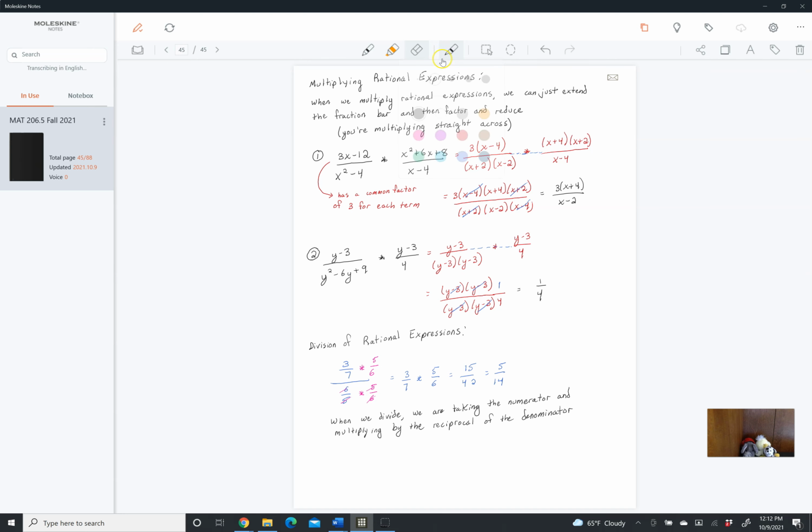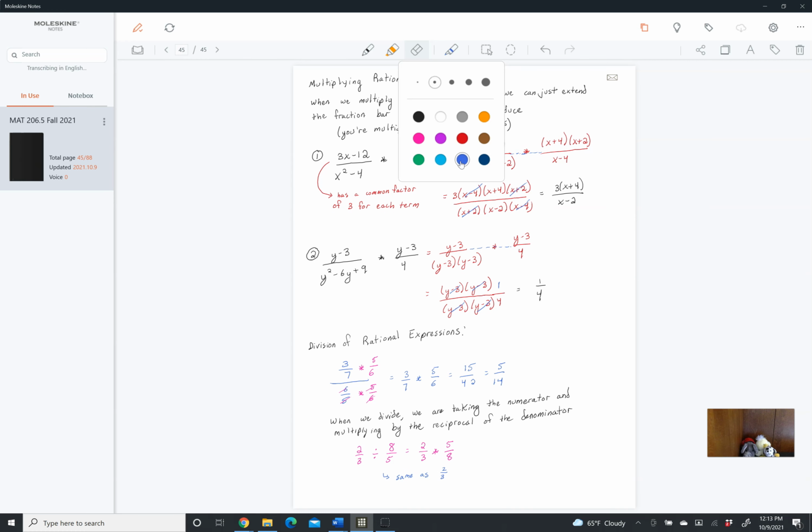So if we have 2 over 3 divided by 8 over 5, this is the same thing as 2 over 3 times 5 over 8. So keep in mind that this division is the same thing as the fraction bar. Okay, this is what the fraction bar is.